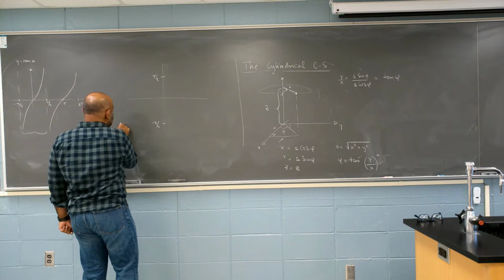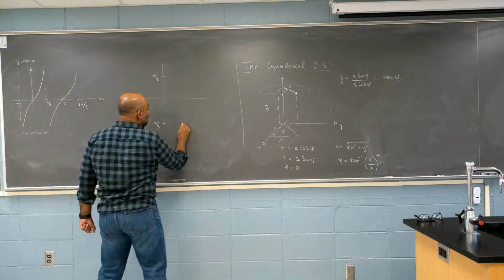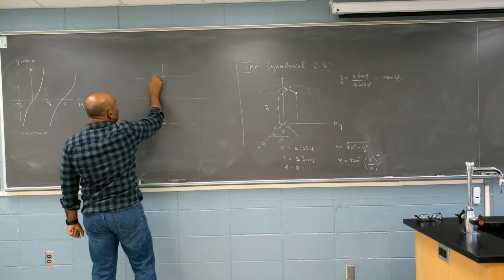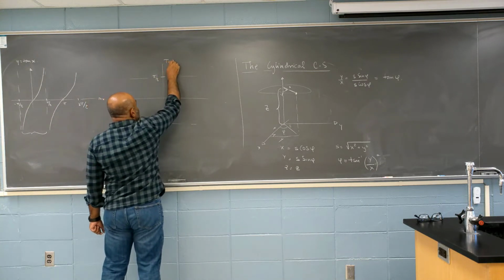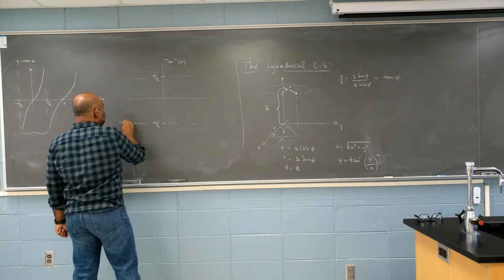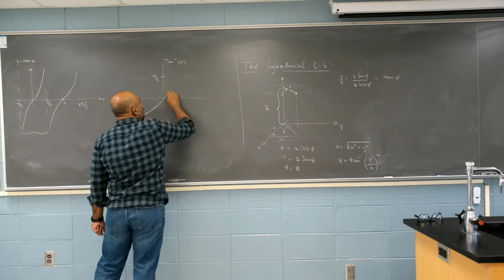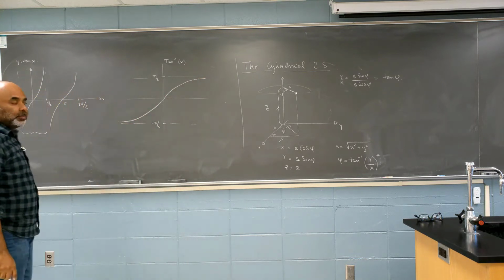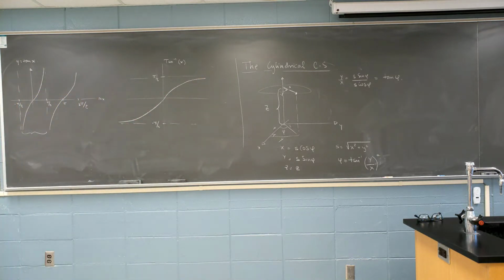These are the asymptotes, and you can see where this graph comes in. So what I'm going to do is graph tangent inverse of x. It's this guy. They asymptotically approach minus pi over 2 and pi over 2.